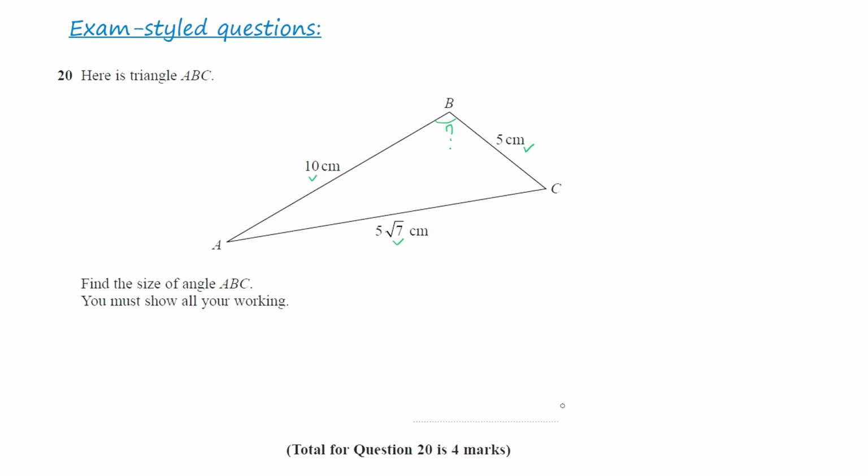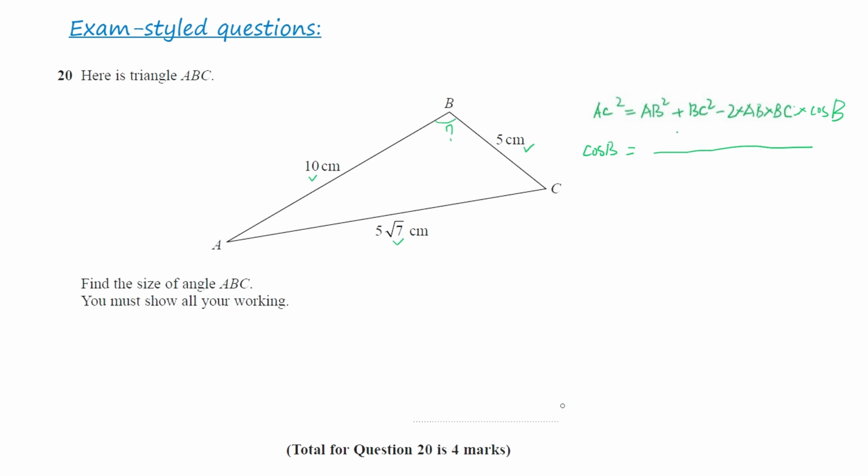That's the cosine rule. So for the cosine rule, I can write down a relationship first. AC squared equals AB squared plus BC squared, then take away 2 times AB times BC times cosine B. Then we make cosine B the subject of this equation.